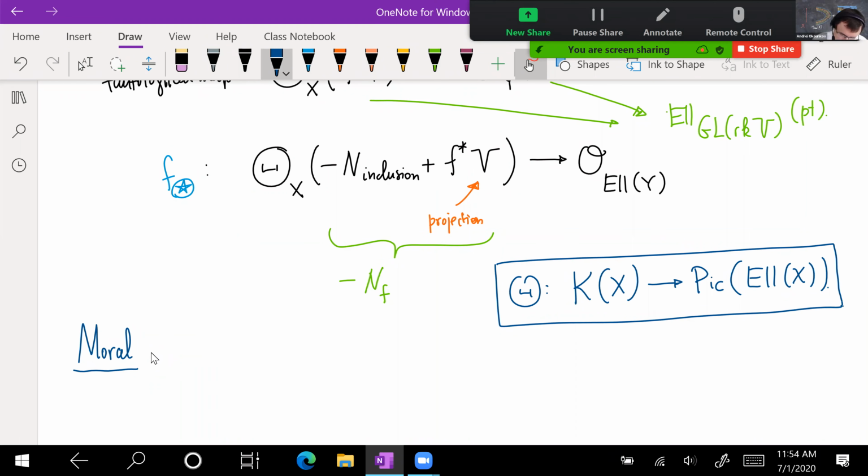And so what was the moral of this computation? The moral of this computation is that we used to think of push forward as kind of integration, right? If you have a projection, that's like integration; there's an inclusion. And the fact that they come with the opposite sign is that this integration is like 1 over inclusion.